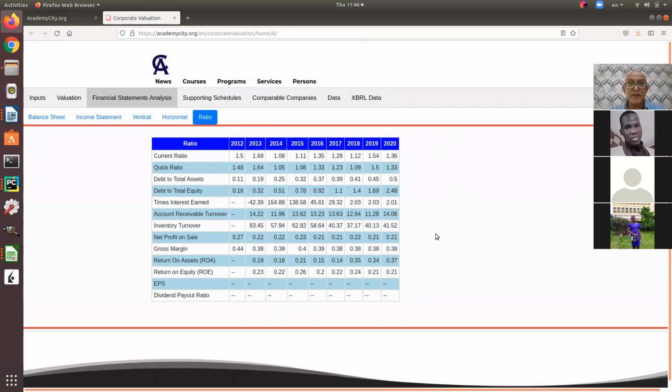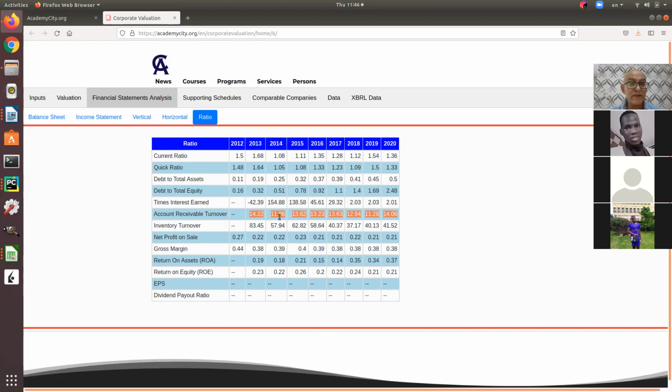Accounts receivable turnover is between 11 and 14. They never really went down to 12, I should say. They're quite stable, quite high. But if you look at the industry, it's probably the right number. So I can say it's quite stable.